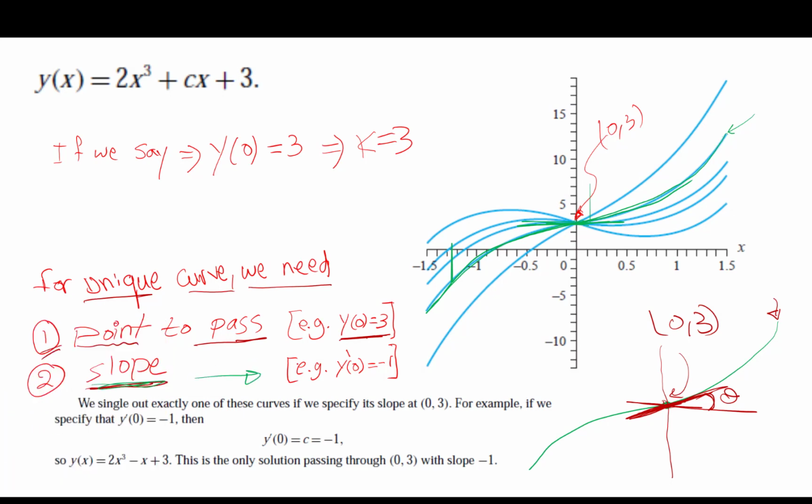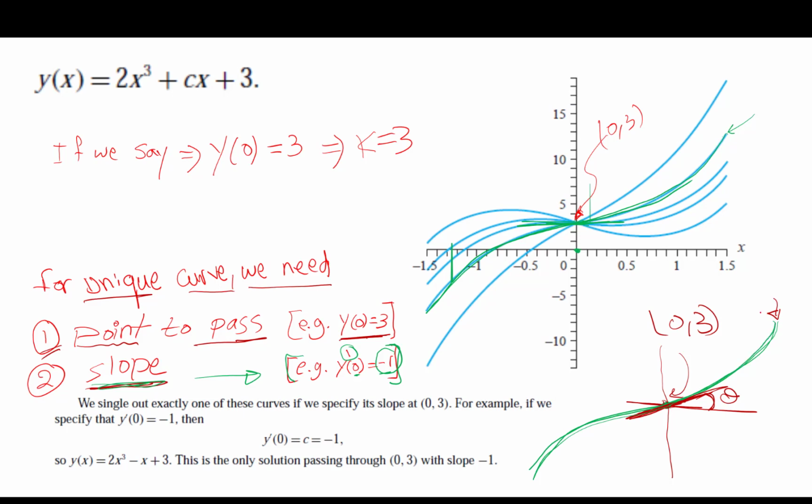This slope is going to be specified by another initial condition. For example, we can assume that y prime of 0 equals -1. This means that the slope y prime, the first derivative of the function, which is the slope of this curve at this particular point, at x equals 0, y prime should equal -1. Then we have obtained this unique solution or this unique curve.